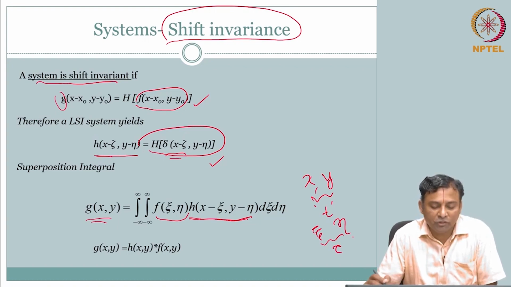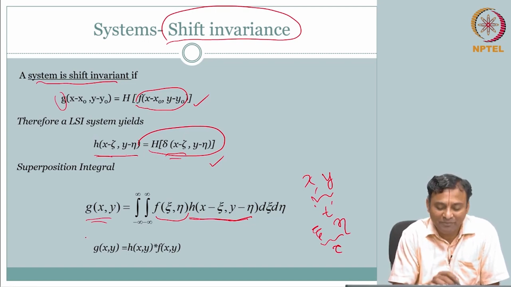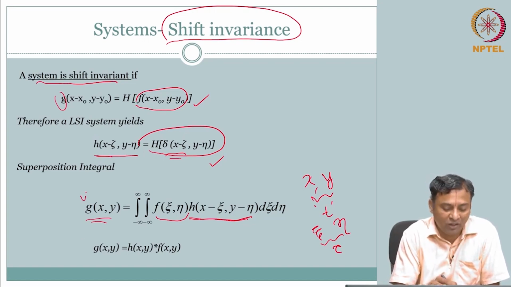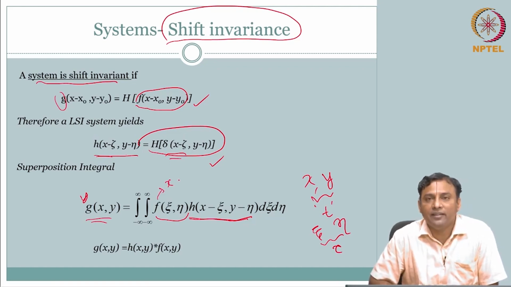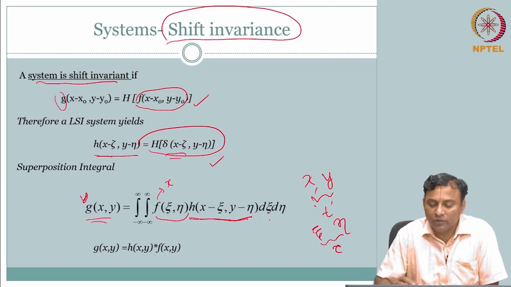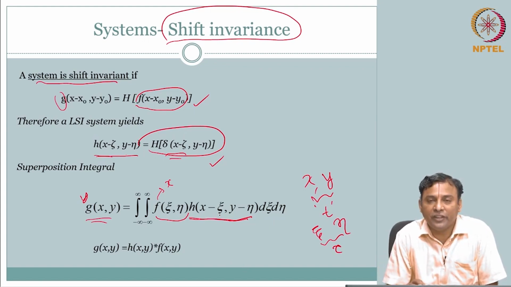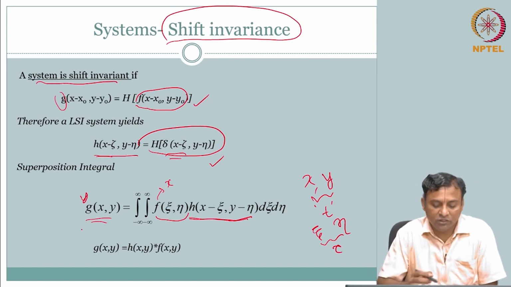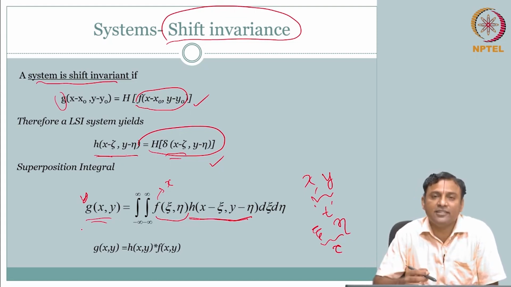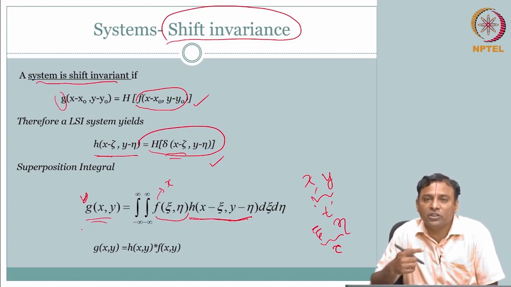You can even simplify it a little further with the notation: call the output y and the input x. Of course you won't have 2 integrals, you will have d tau. Integral of x of t, h of t minus tau, d tau gives you y of t. This is your convolution. Only thing is its variables are different and you have one more dimension, so it looks new, but otherwise this is a straightforward extension.